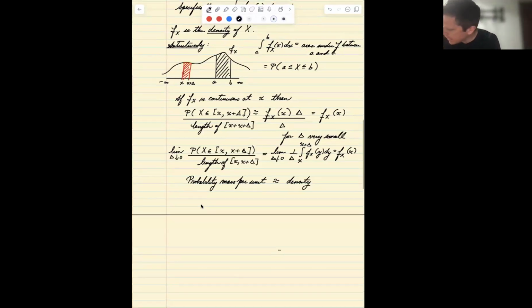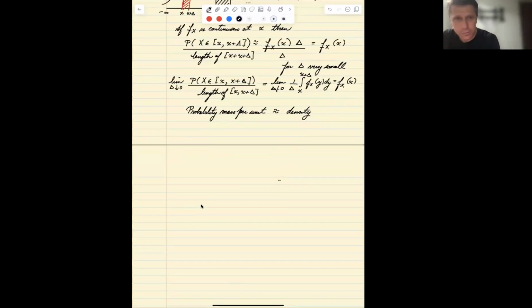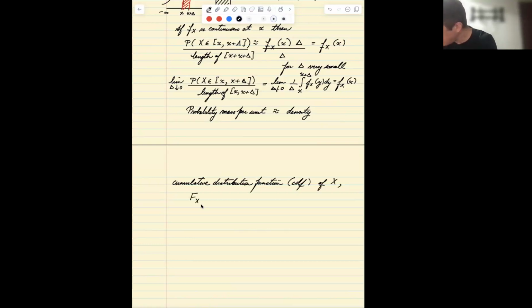Now remember the concept of the cumulative distribution function. So the CDF, or just the distribution function, of x. This is capital F. We subscript it sometimes for convenience by the random variable.